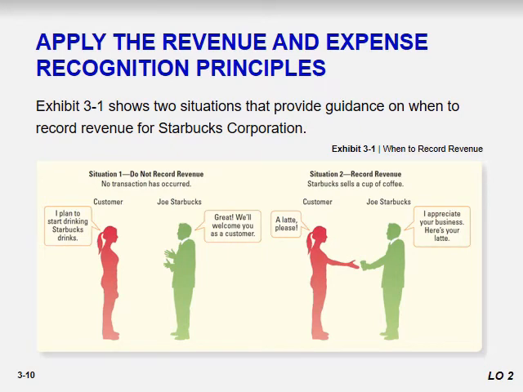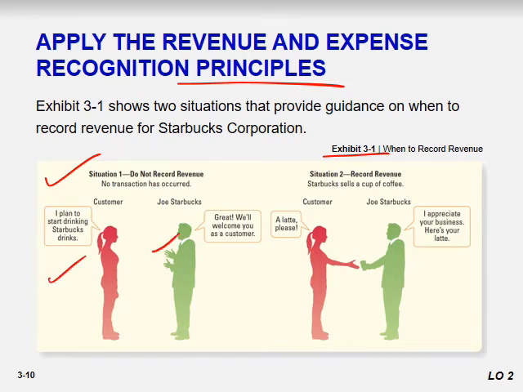So, applying the revenue and expense recognition principle. Here is Exhibit 3.1, which shows two situations that provide guidance on when to record the revenue for Starbucks Corporation. In situation 1, no transaction has occurred, so no contract exists. So Starbucks Corporation records nothing, right?